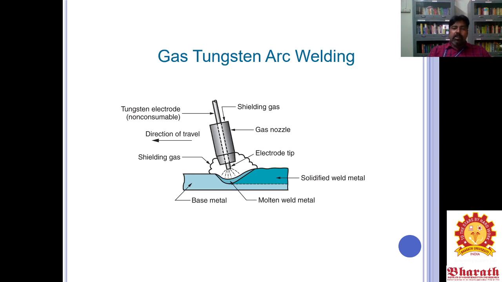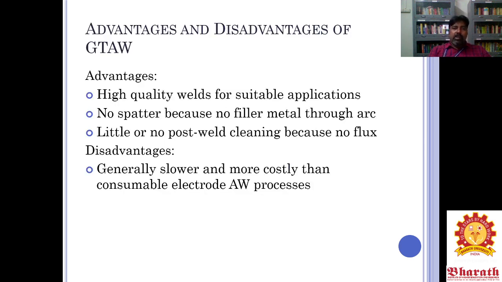Other things are very similar to metal inert gas. These are the advantages and disadvantages. High quality welds for suitable applications, no spatter because no filler metal passes through the arc. Then the disadvantages: generally slower and more costly than consumable electrodes.